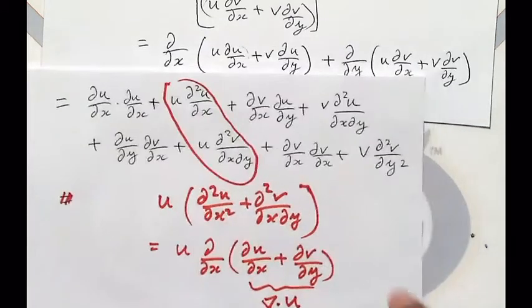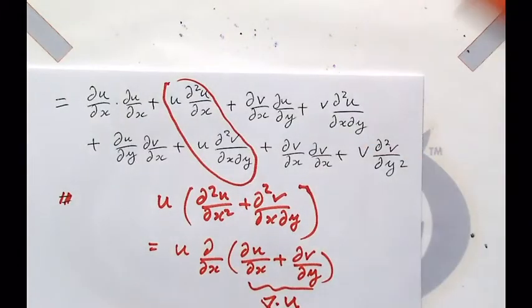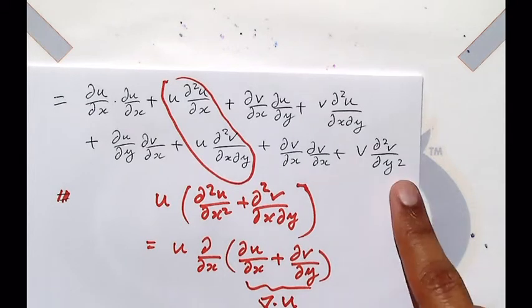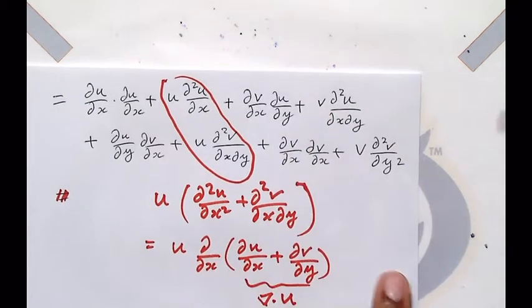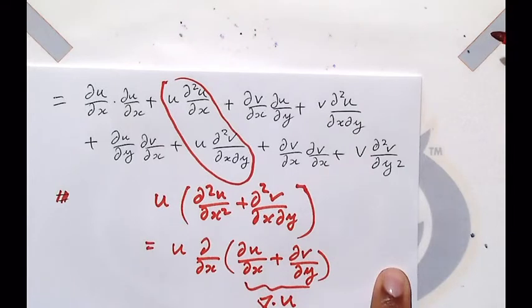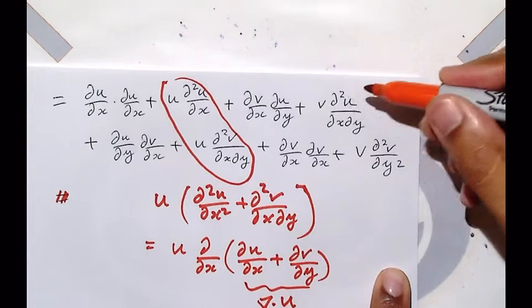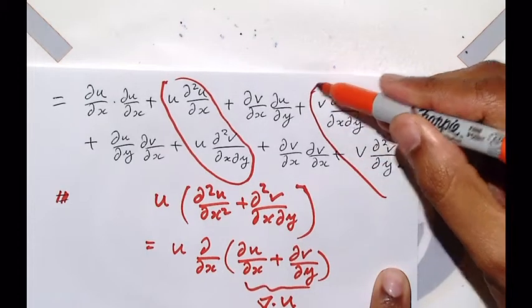The same way you can do the same thing to which one? The last term on the first line, v, yes, and the last two terms. Yeah, we can do the same thing here.